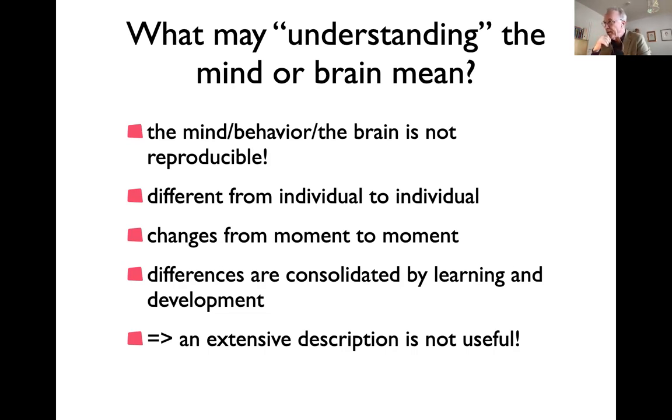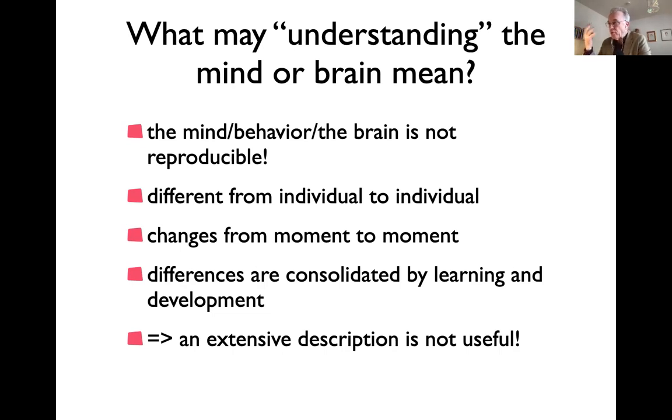So one problem with understanding is that the mind as such, so the ensemble of your thoughts, for instance, of your decisions, of your thought process, inferences, and so on, the ensemble of your behaviors and even your brains are not actually reproducible. So in terms of scientific assessment, that's a problem, right?